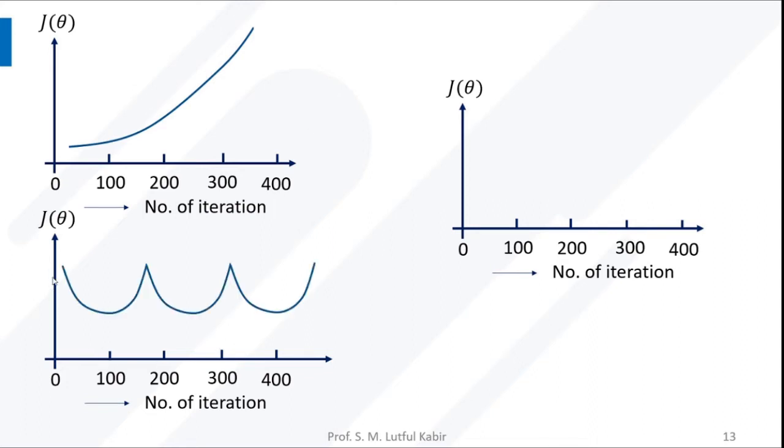And J(theta) may vary like this: first decrease, then again increase, again decrease, again increase, and so on. In both the cases, the selection of alpha may be wrong. So if gradient descent does not converge, or it appears that gradient descent is not working, try a smaller alpha, then it may converge.